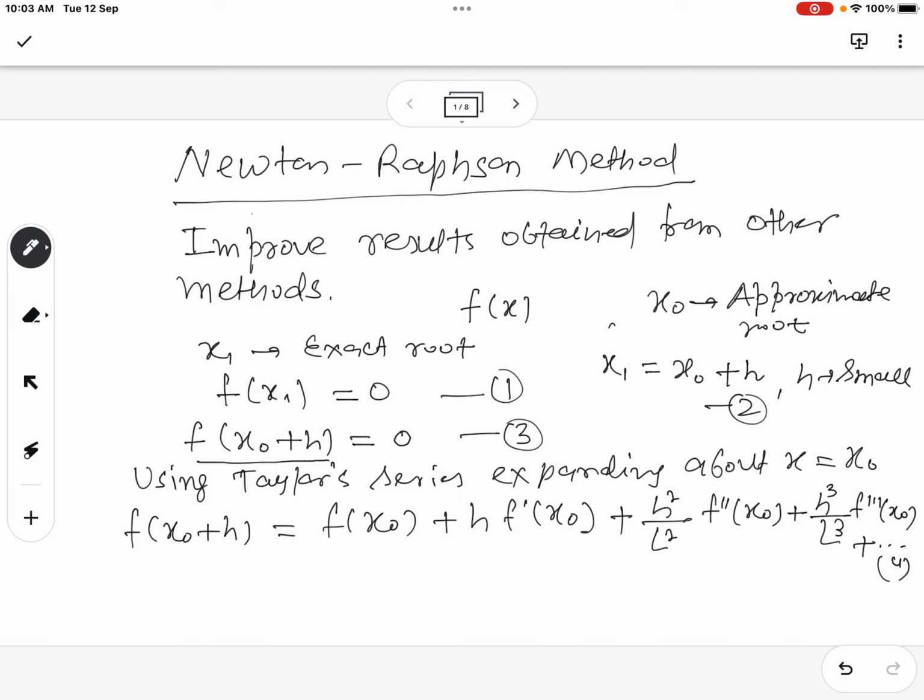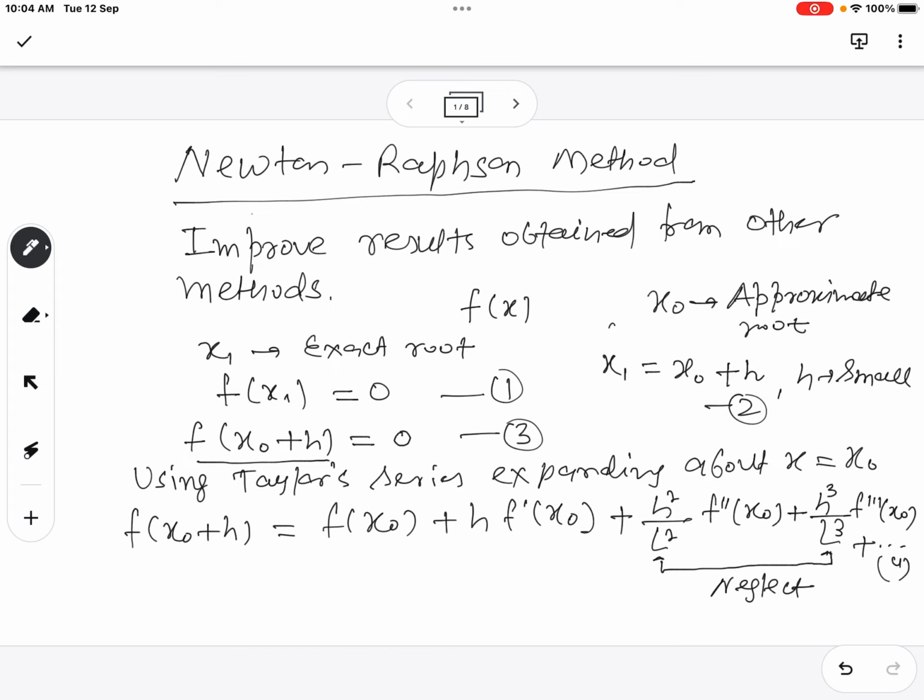Now because I am considering h is small, all higher order h values will have negligible effect on the series, therefore I can neglect them.